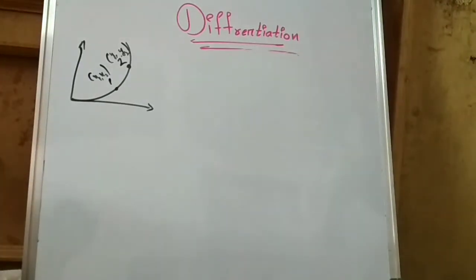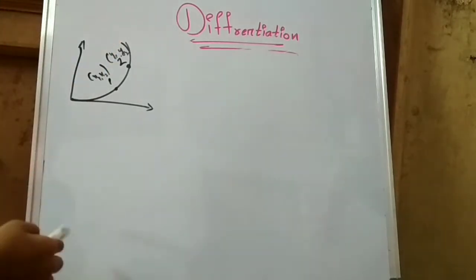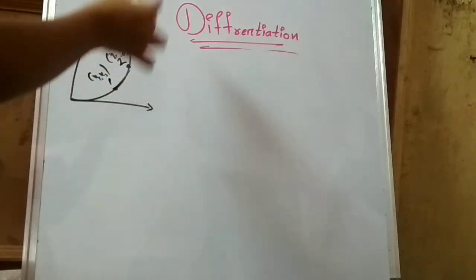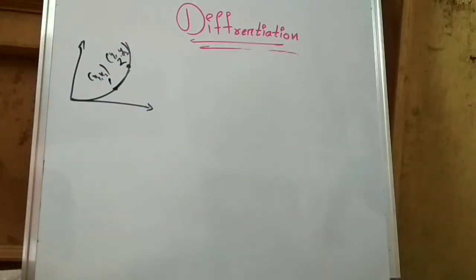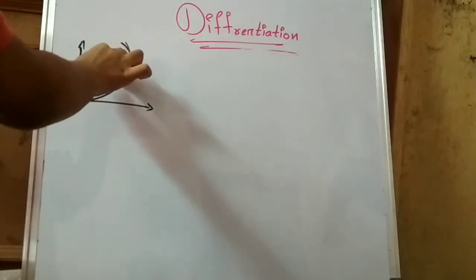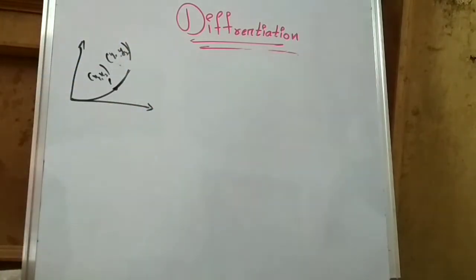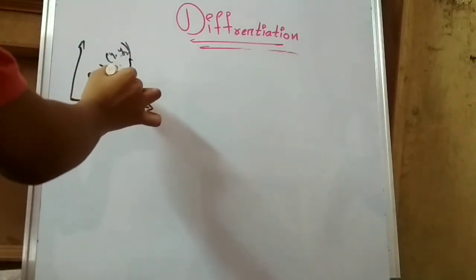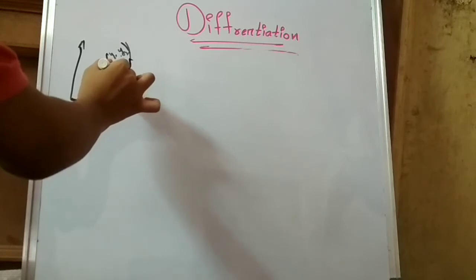Now here, check this out. Here we have a non-uniform graph, with x1, x2 and y1, y2. But here we can't draw a tangent, because the curve is going along the line. So we need to bring points 1 and 2 very close to each other in order to make a tangent.